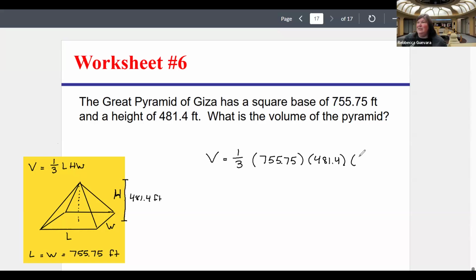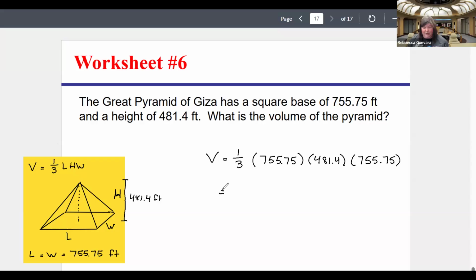Then my width. It really doesn't matter which order I do this in, I just want to follow my formula. My width, because length and width should be the same because it's a square base, 755.75. Okay, it's actually in my calculator this time. 755.75 times 481.4 times 755.75.